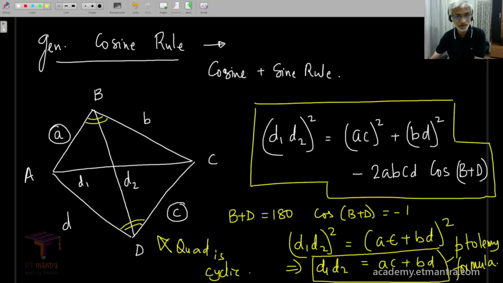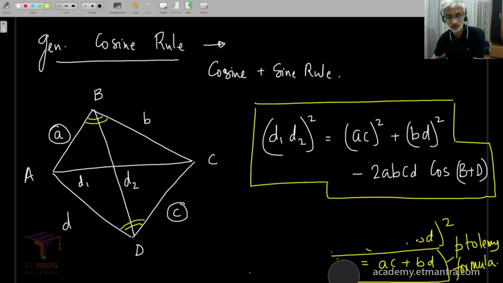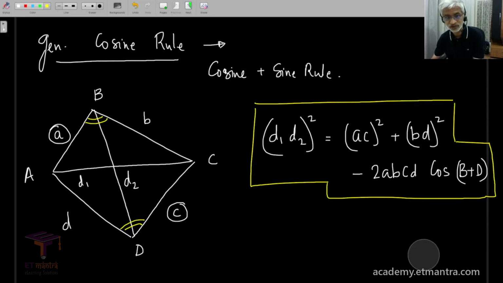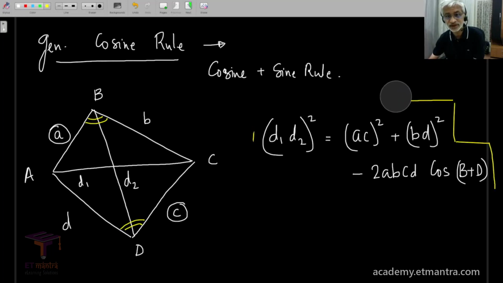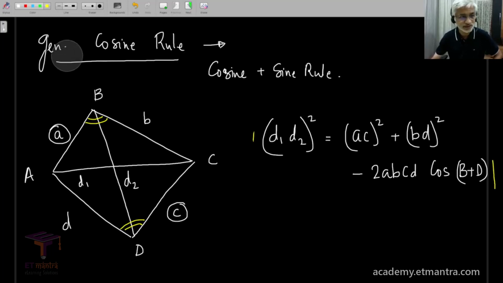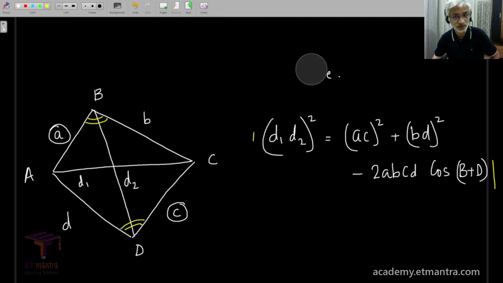So here we have one nice formula coming directly from the use of this generalized cosine rule. But there is much more here. First let me tell you what we are trying to derive, the formula that we have on our radar, and it will come from a clever application of this formula and this diagram. I'll keep this formula here, and now this diagram has to be slightly adjusted to get a formula for a triangle.